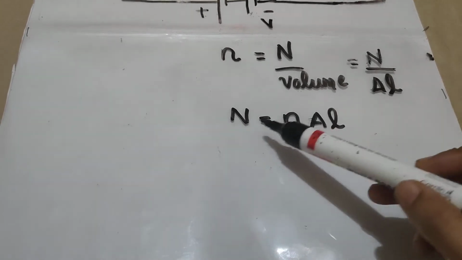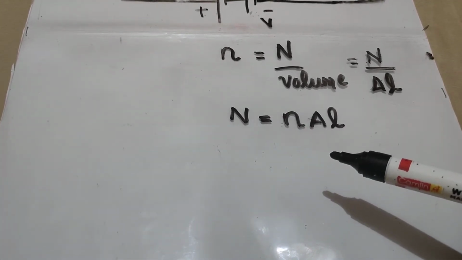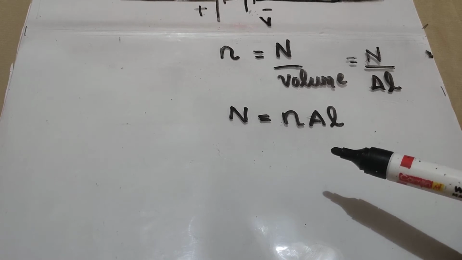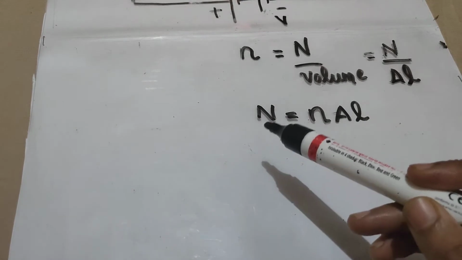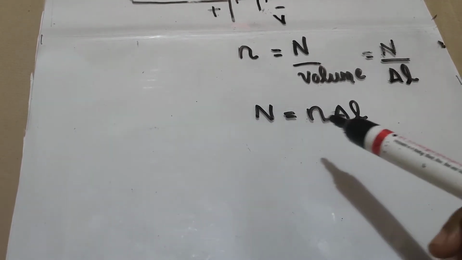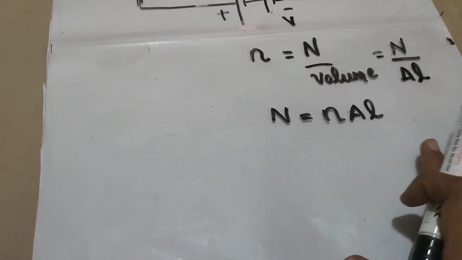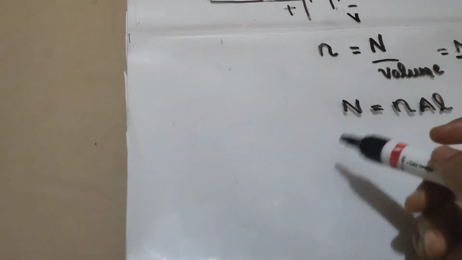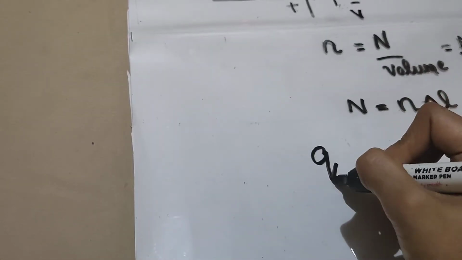From this value of the total number of electrons, how will we find the total charge contained in the length L of this conductor? We can use the quantization principle.